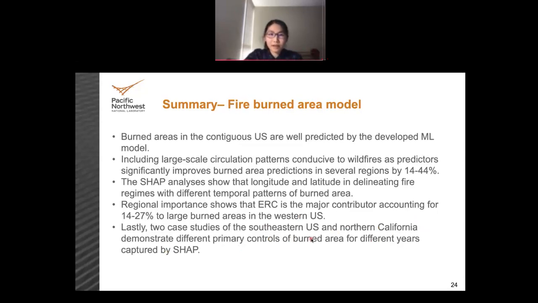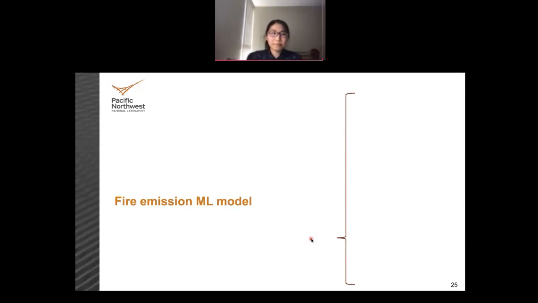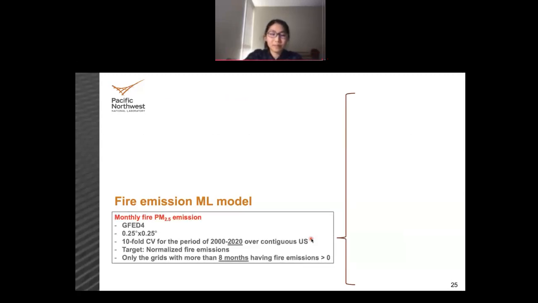And the second part, based on the previous model, we build another model similar to the first one, but we are predicting the monthly fire PM2.5 emission from GFED.